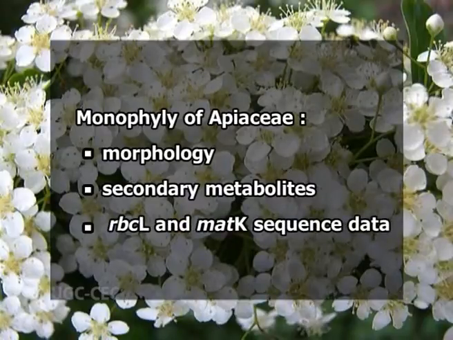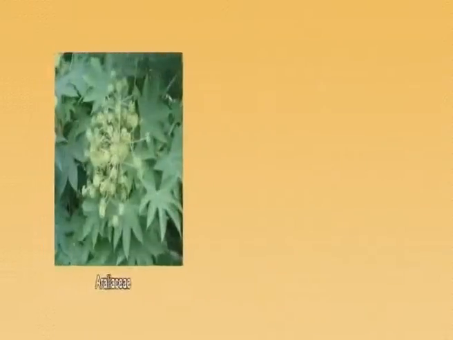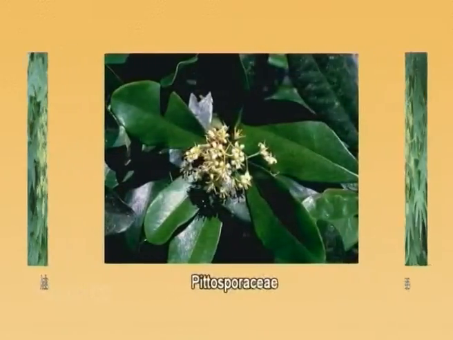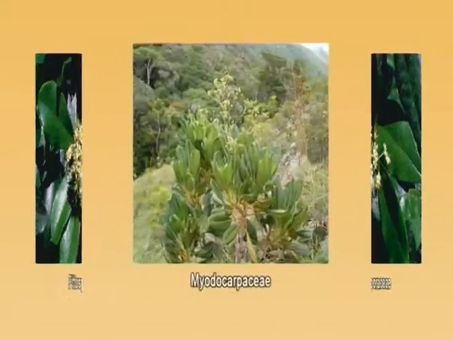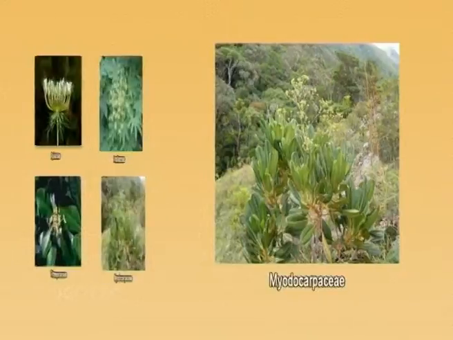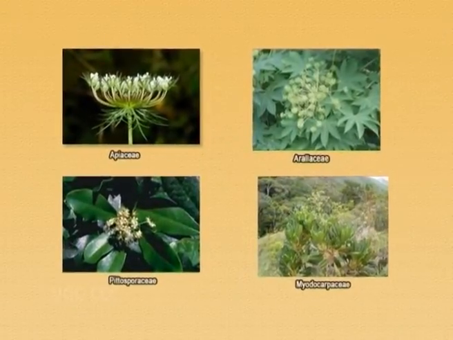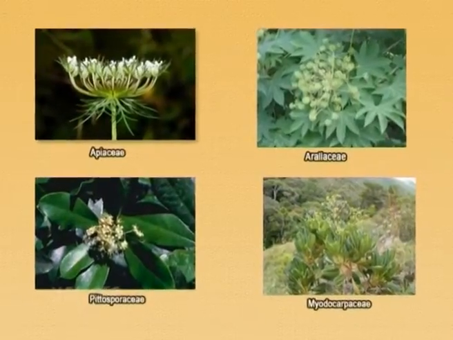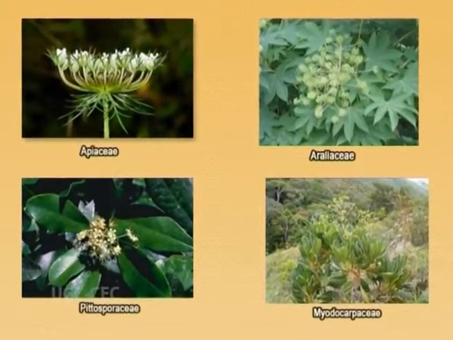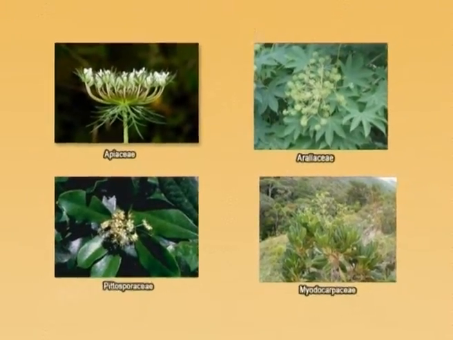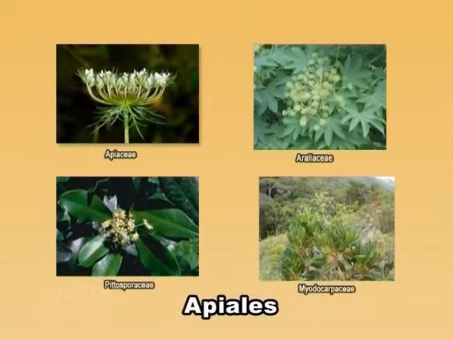All these types of evidence support the monophyly of family Apiaceae. The family is most closely related to its sister families Araliaceae, Pittosporaceae, and Myodocarpaceae. These four families, that is Apiaceae and the three sister families, are placed under a single order Apiales.